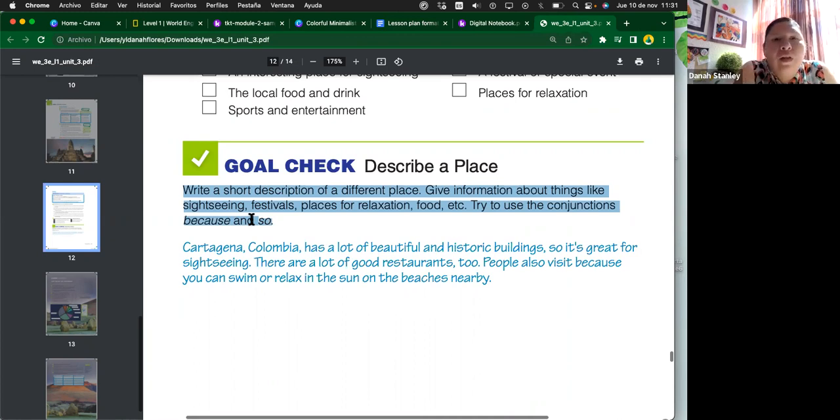Acuérdense, don't focus on the negative aspects. Also take into account the positive aspects, because maybe you say, híjole, they are so enthusiastic that they are going to ask me for time to investigate about the place they would like to visit.